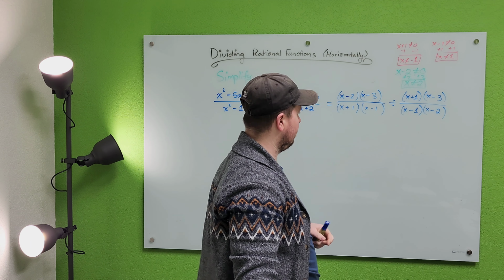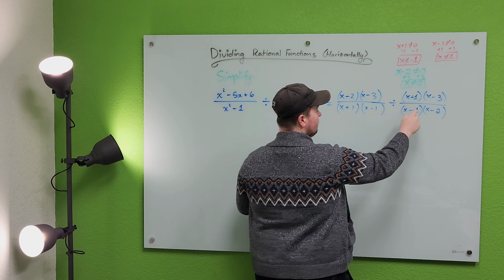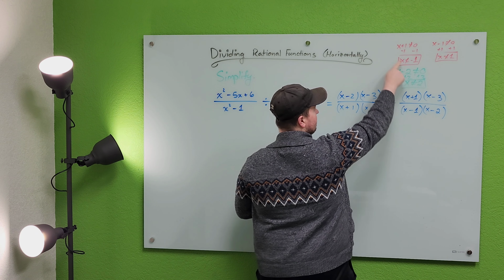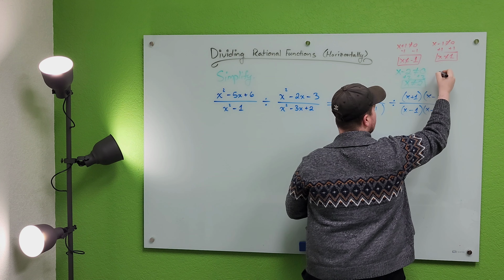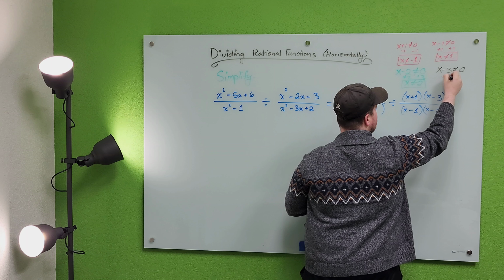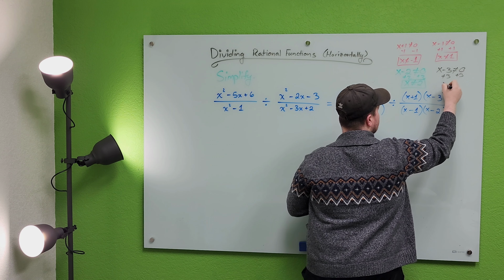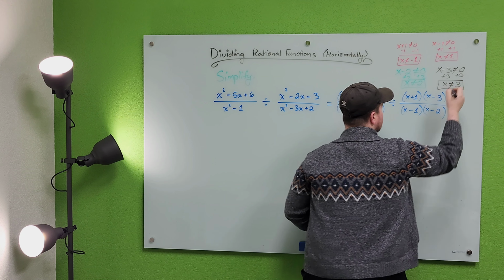And finally, this numerator is not allowed to be 0. So x plus 1 is not allowed to be 0, and this is taken care of. But here, x minus 3 is not allowed to be 0. So you can see x is not allowed to be positive 3.